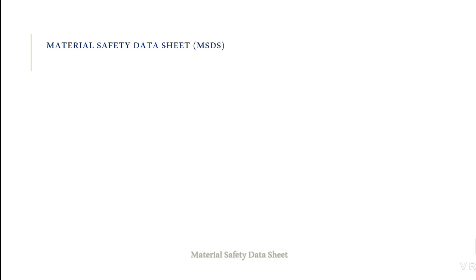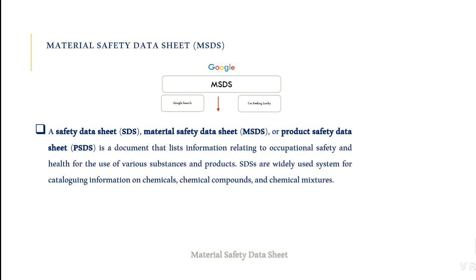The second subject that is briefly discussed in this presentation is Material Safety Data Sheet, also known as Safety Data Sheet (SDS) or Product Safety Data Sheet (PSDS), that lists information relating to occupational safety and health for the use of various substances and products.